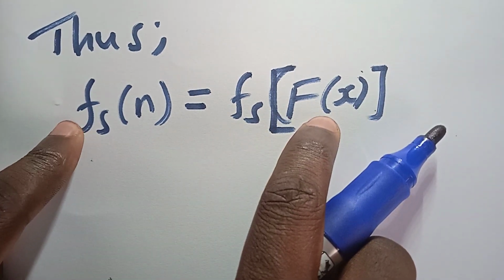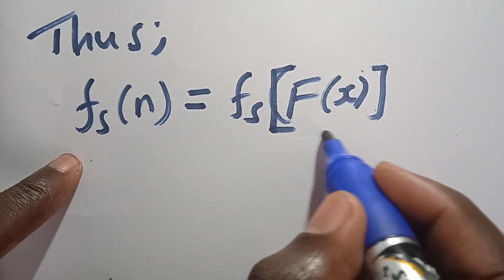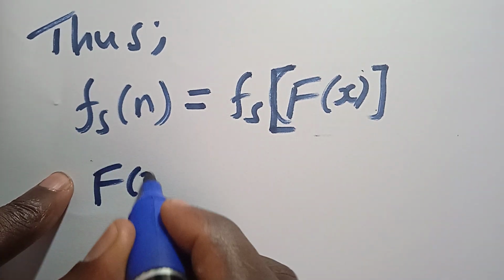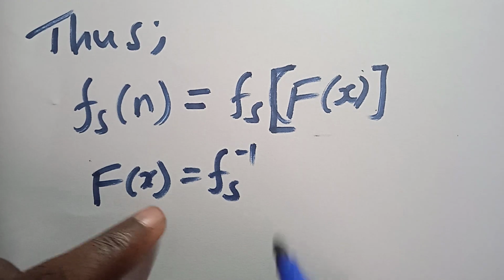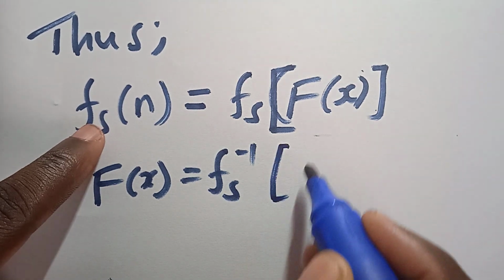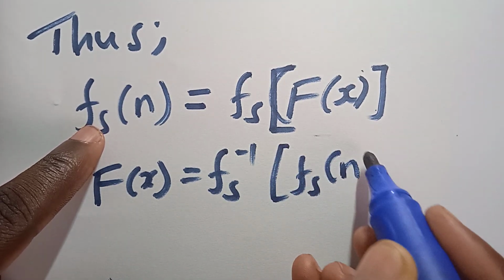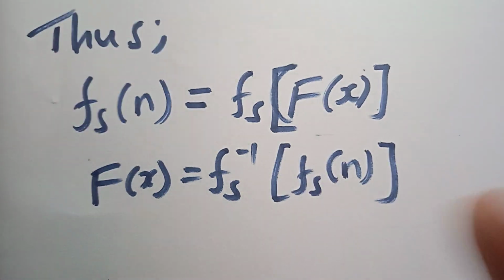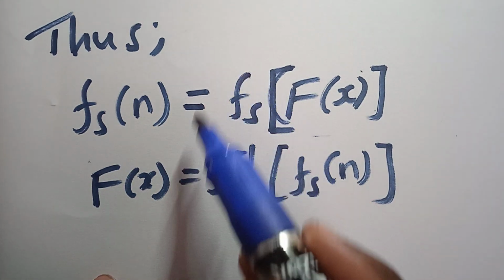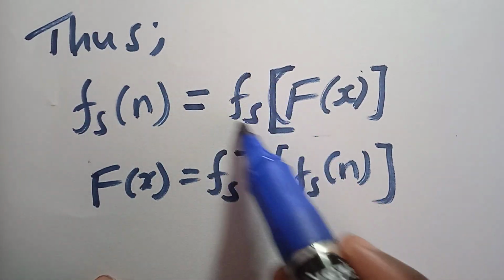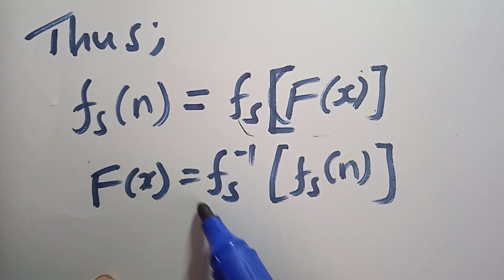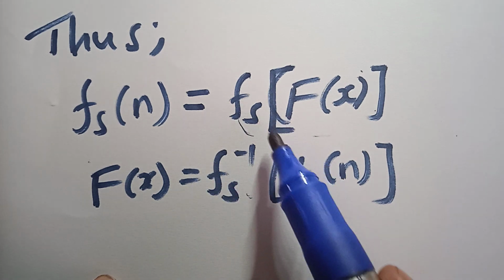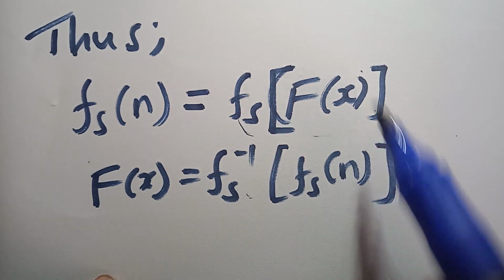Similarly, to get f of x, you just need to do an inverse Fourier transform of the given function fs of n. So just forward or backward. The symbol fs is for the Fourier sine transform, while fs inverse is the inverse Fourier sine transform operator.